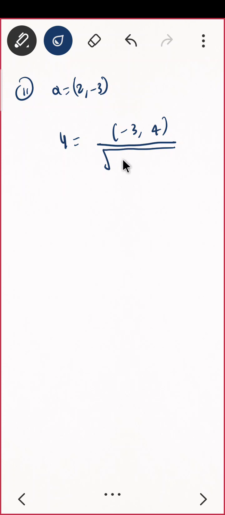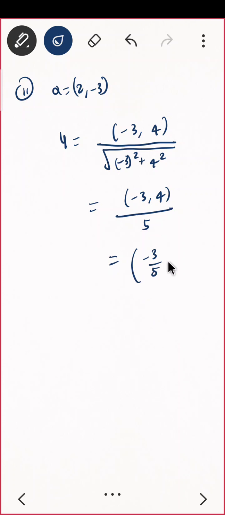Norm of this means minus 3 square plus 4 square, that is 5. That means minus 3 by 5 comma 4 by 5. This is your unit vector u and this is your e, correct?